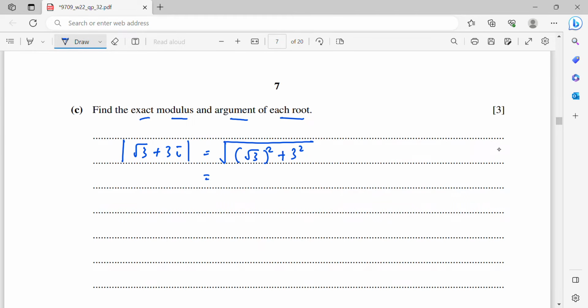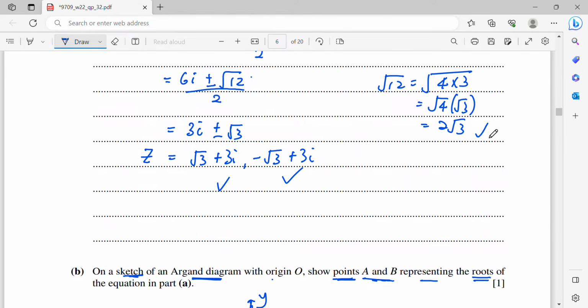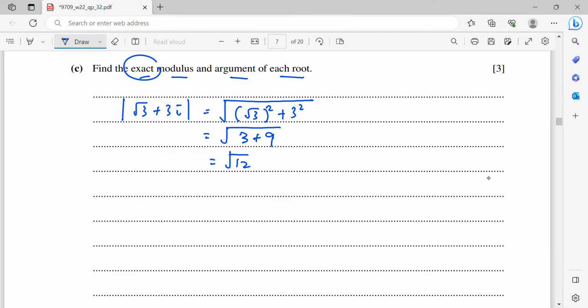So it will be the square root of 3 plus 9. Because it's exact, so no decimal place, I will get square root 12. Again, square root 12, just now I have shown you how to simplify. It will be 2 root 3. So leave your answer in the simplest form.